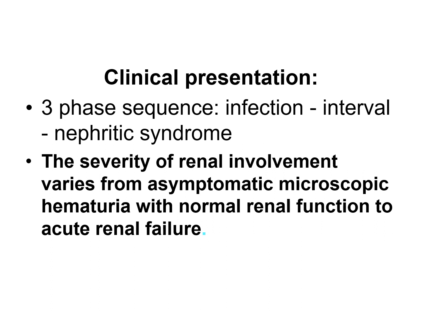And the severity of the renal involvement will depend on the severity of the immune system that is triggered by the infection. So the patient could be asymptomatic or he could have renal failure.